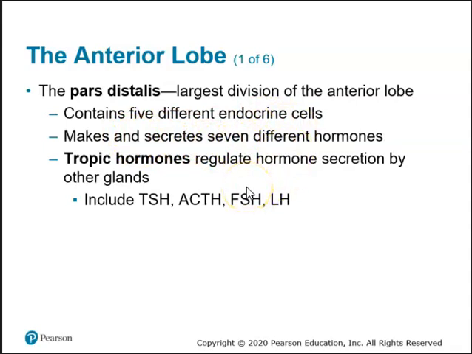These are tropic hormones. So tropic hormones regulate hormone secretion by other glands. And this includes thyroid stimulating hormone, adrenocorticotropic hormone, follicle stimulating hormone, and luteinizing hormone. So TSH, ACTH, FSH, and LH.